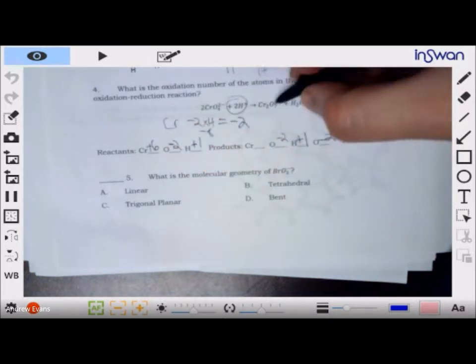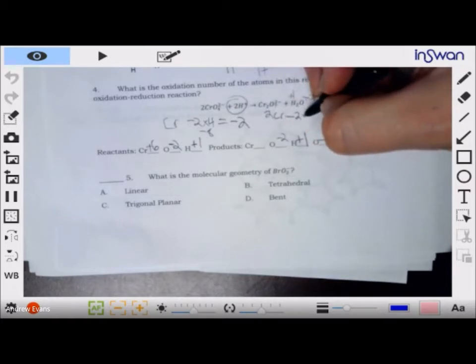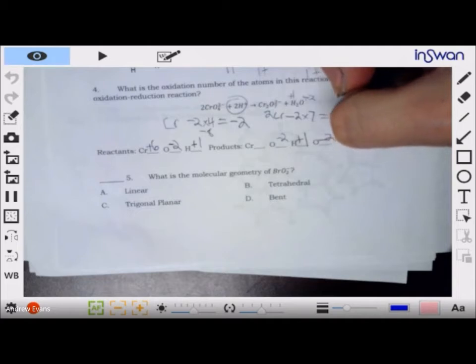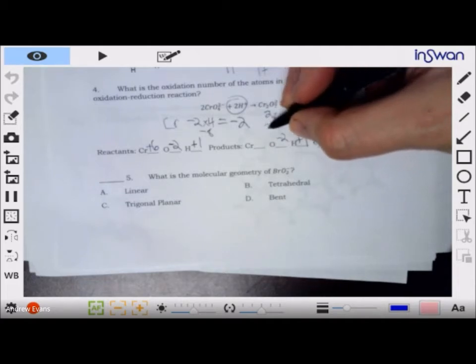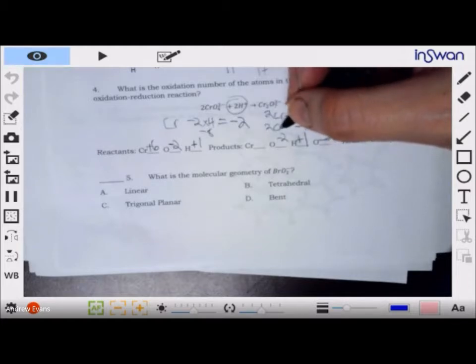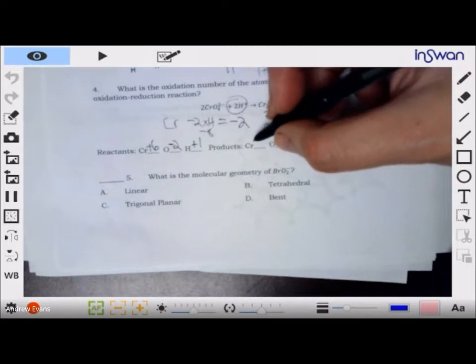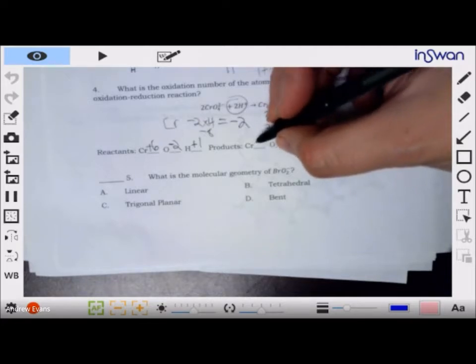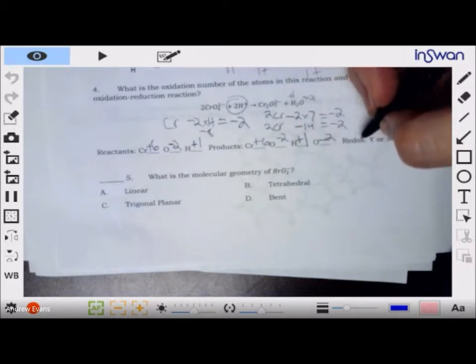Now here, there's 2 chromiums, minus 2 times 7 also equals negative 2. So negative 14 plus 2 chromiums equals negative 2. The only way this equals negative 2 is if 2 chromiums together are positive 12. So splitting up the positive 12 by 2, you get plus 6. Is chromium being oxidized or reduced?